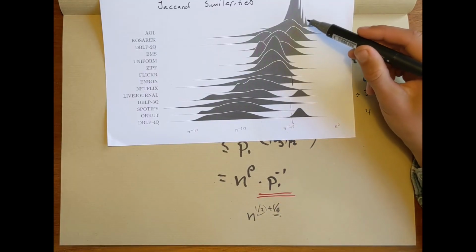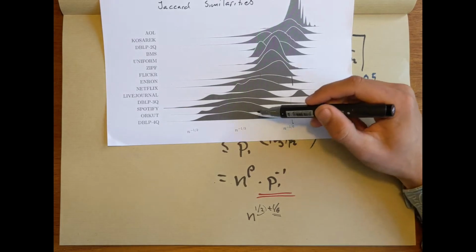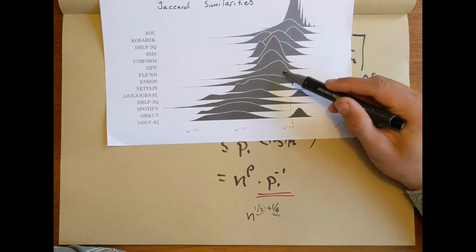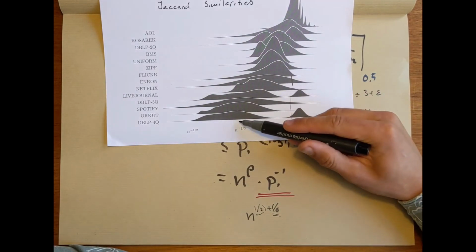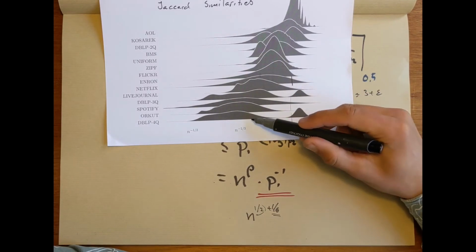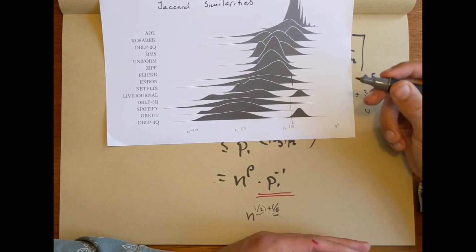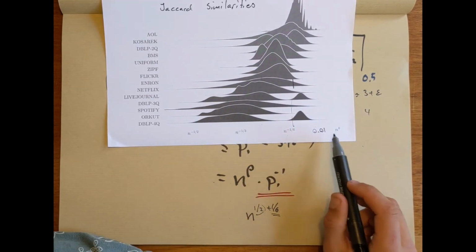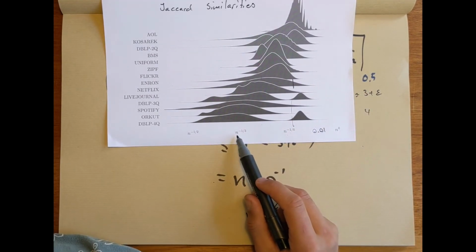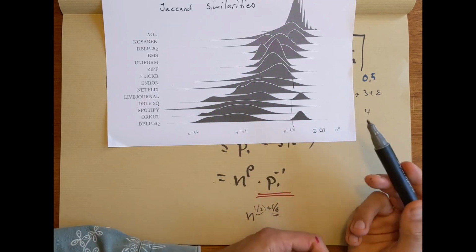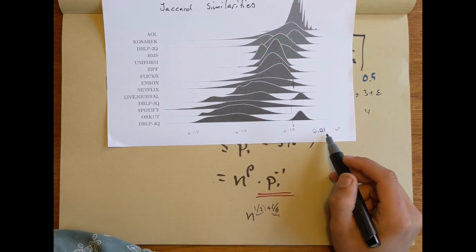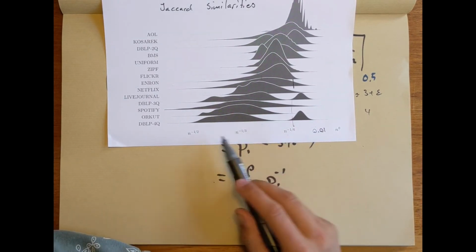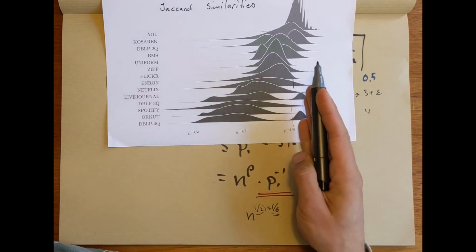Another interesting thing about this data set here, you might expect the small data sets to be further down here to the left, because if they have a similarity between 2 points of 0.01, then it's going to look much more dramatic when plotted in terms of n. Whereas if the very big data sets have a similarity of 0.01, then because their n is so much bigger, they're going to end up further over to the right.